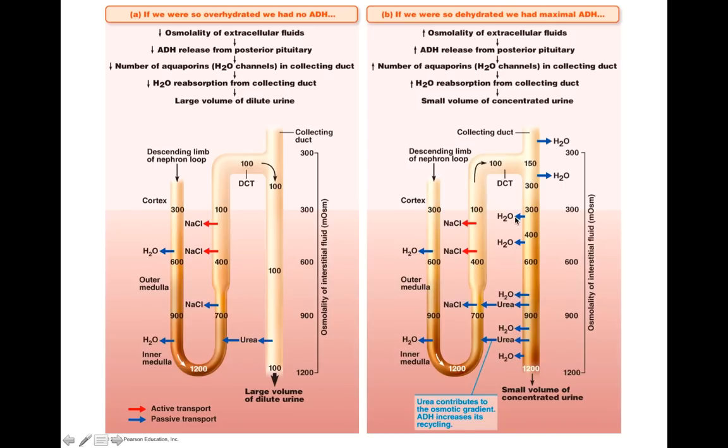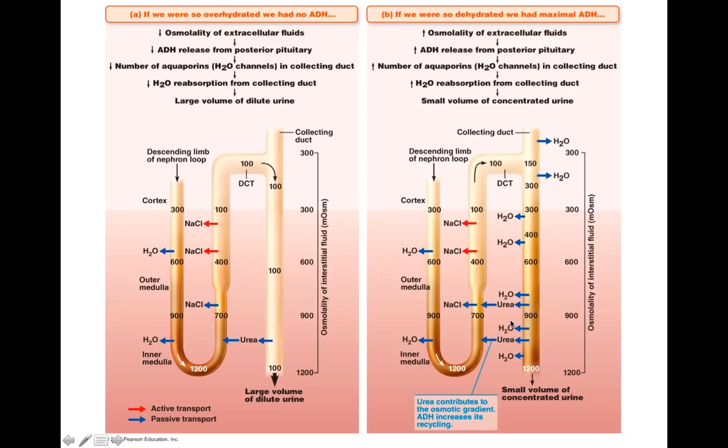But because we do have this concentration gradient, the deeper you go, the more concentrated the interstitial fluid is. Then, as you have these aquaporins down deeper, down the collecting duct, more and more water is able to leave because you have a higher concentration. So more water can leave by osmosis. It's attracted to all of this saltiness within the interstitial fluid.